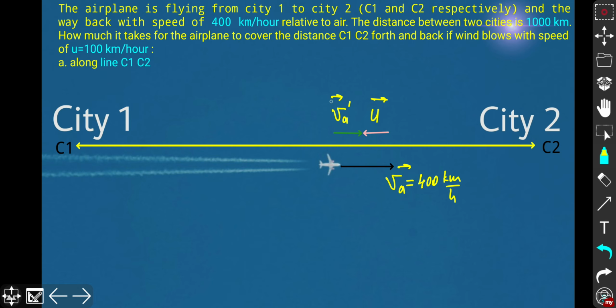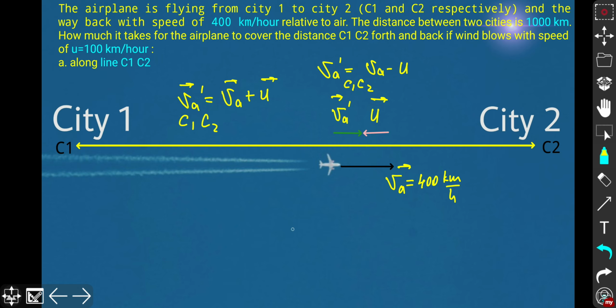It's not a derivative, but the relative velocity of the airplane, the resultant velocity that we will have relative to the Earth. So VA prime, when it goes from C1 to C2, is going to be, in vector way, a plus, but algebraically the resultant value is going to be VA minus U.